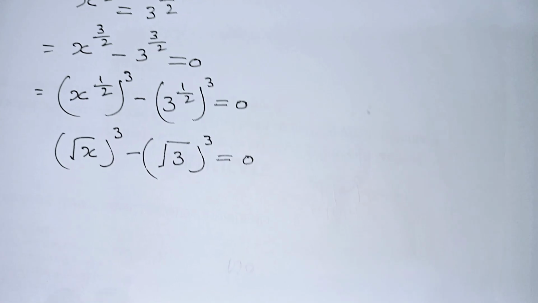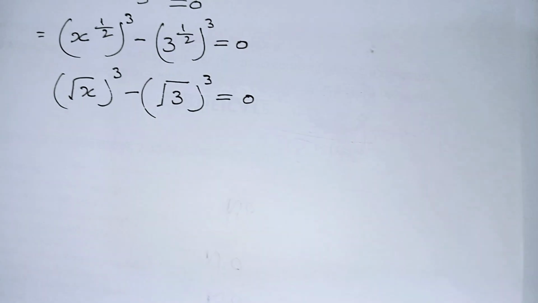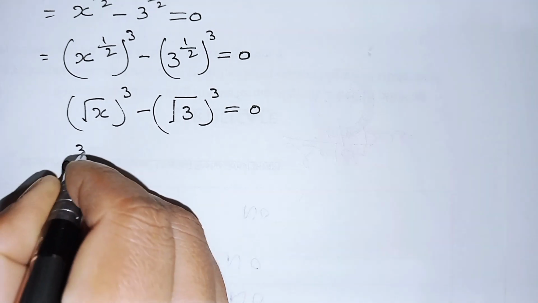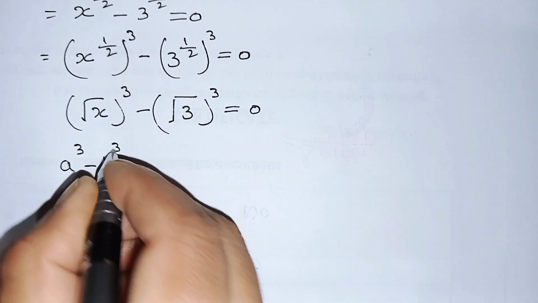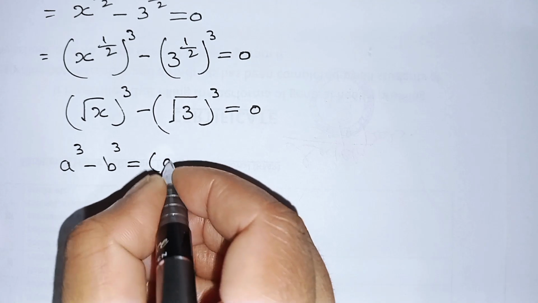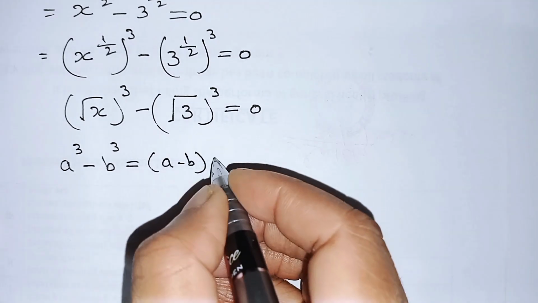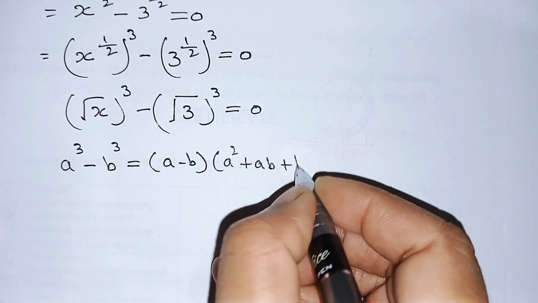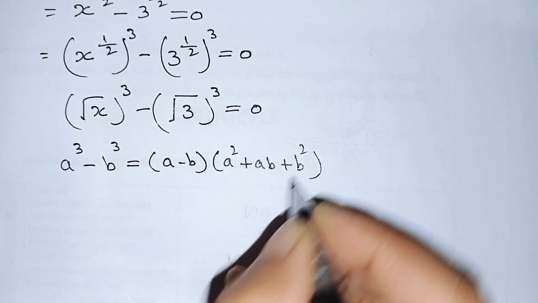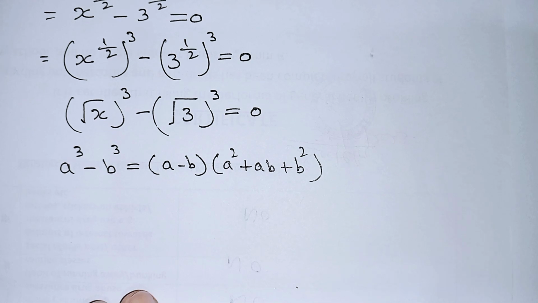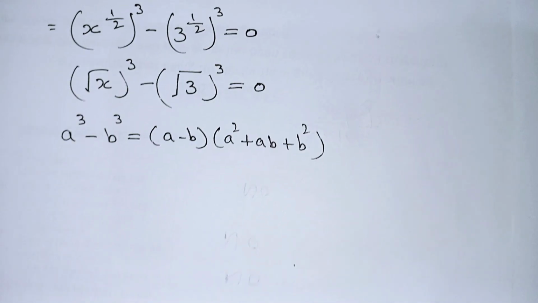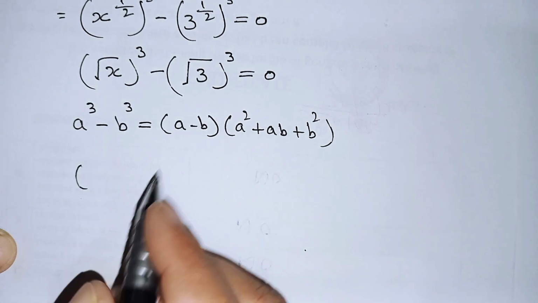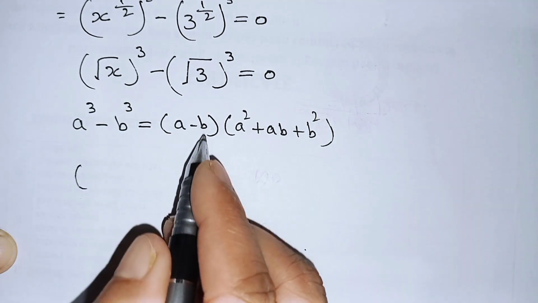So here we can solve with the help of a nice algebraic identity, which is a cube minus b cube is equal to a minus b times a square plus ab plus b square. Now a is square root x and b is square root 3.